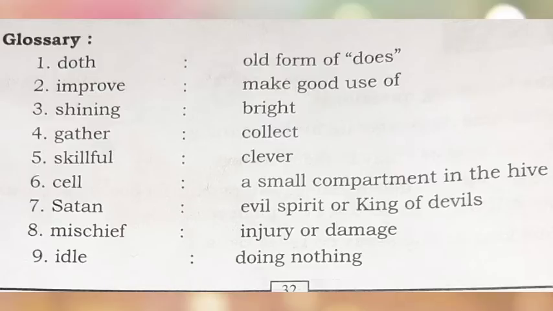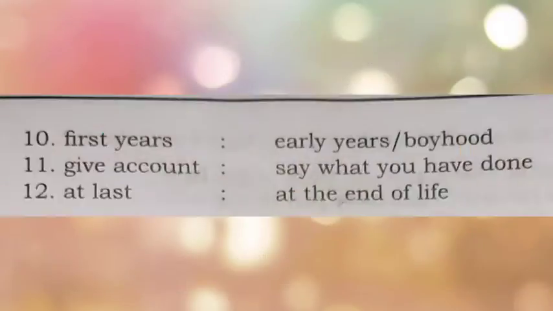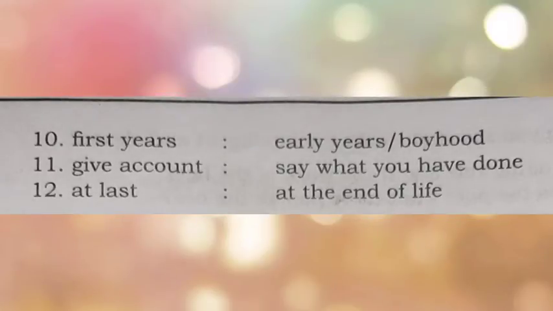Cell, a small compartment in the hive. Satan, evil spirit. Mischief, injury. Idle, doing nothing. First years, early years. Give account, say what you have done. At last, at the end of life.